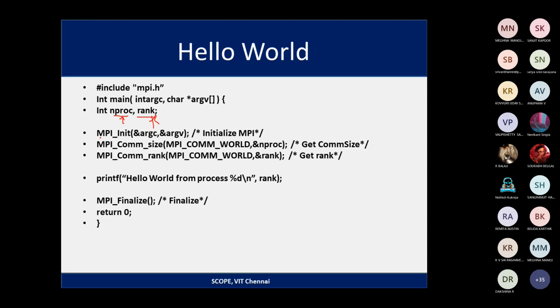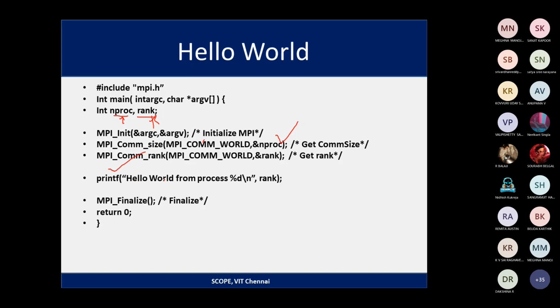Then for initialization, MPI underscore Init with these parameters, and MPI communicator size. Here I will call the function MPI communicator rank. I will pass the number of processes here, and in MPI communicator rank I will get the rank here by using ampersand rank.